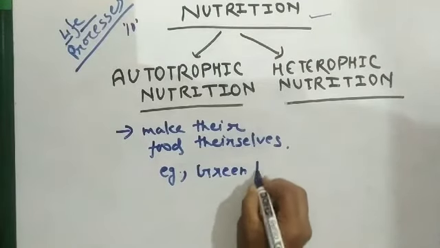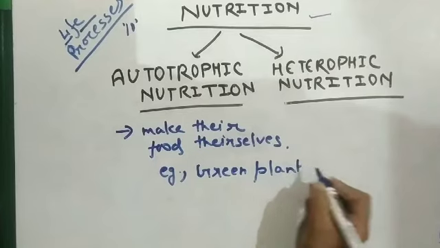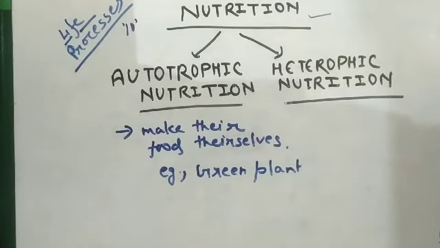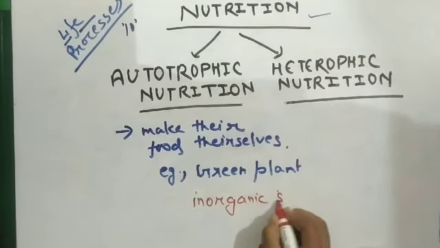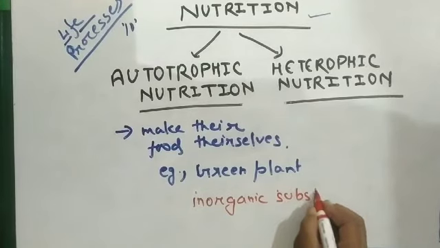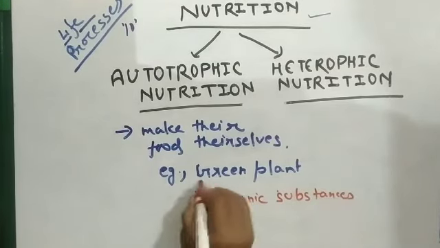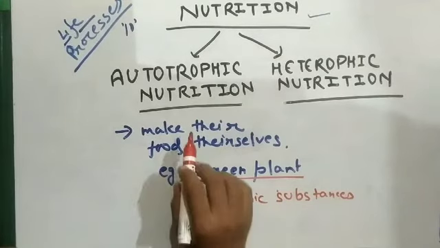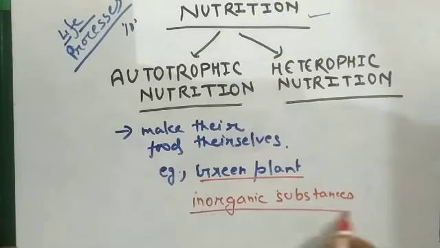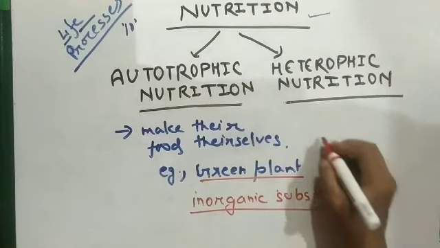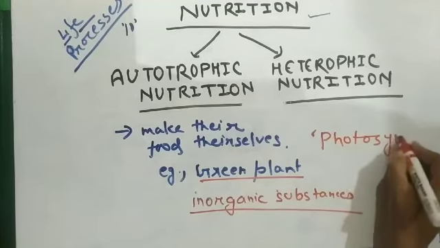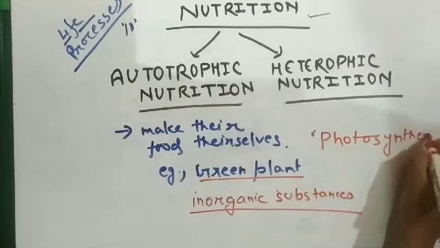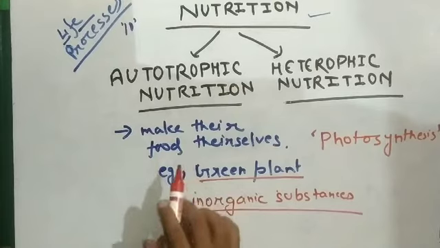So green plants make their food themselves with the help of inorganic substances, and the process is called photosynthesis.